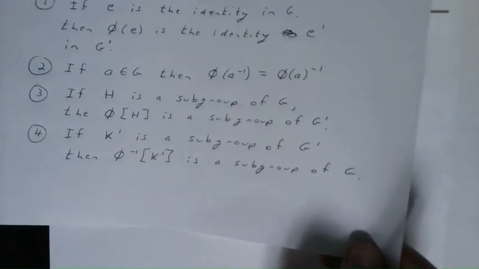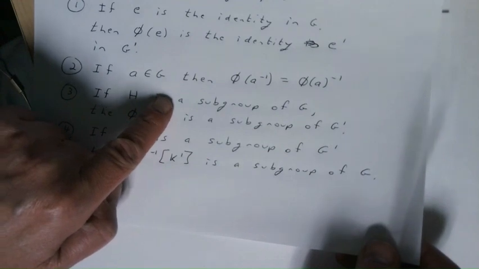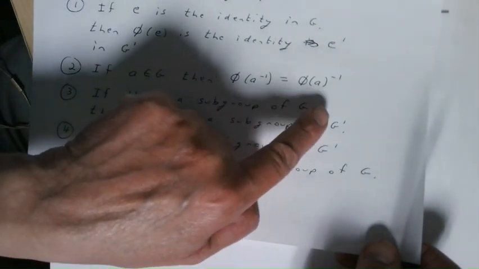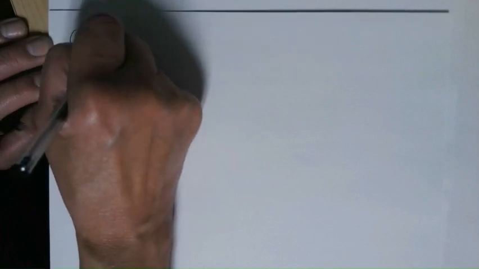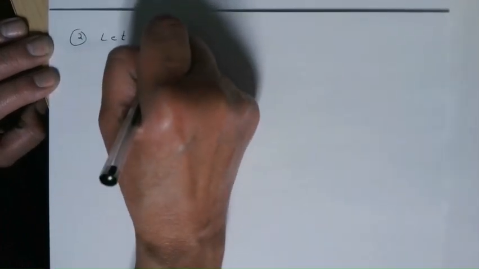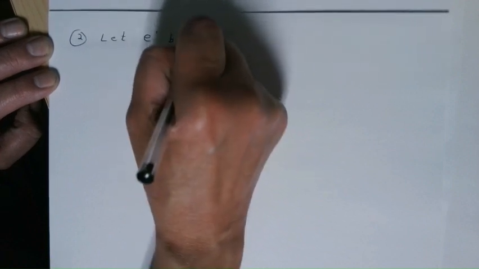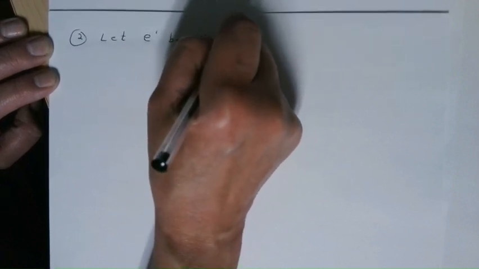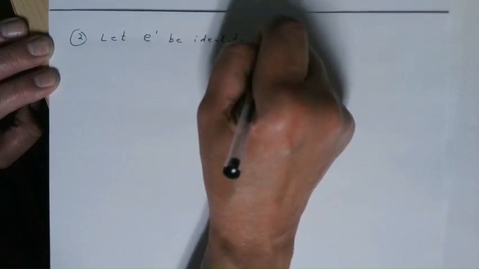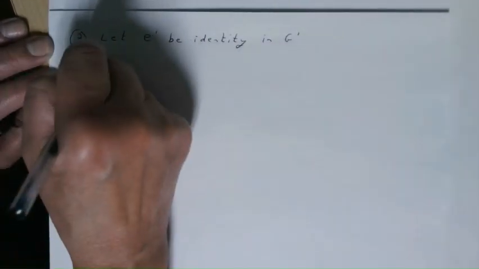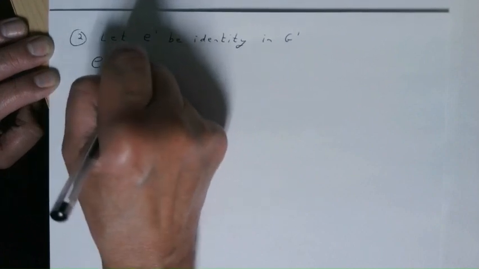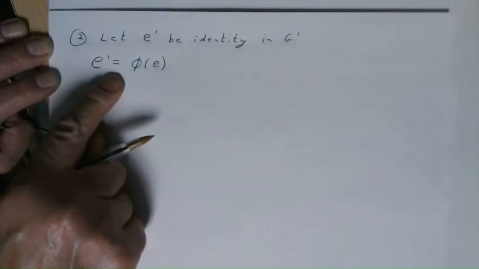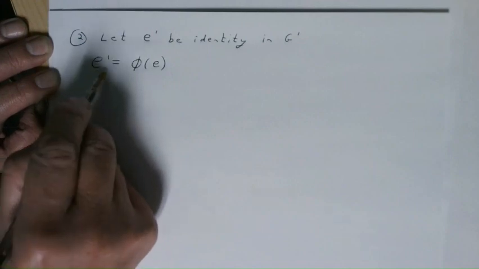So let's try to prove the next one. If A is in G, then phi of A inverse is equal to phi A inverse. So let's take a look at that. Let E prime be the identity in G prime. And we have E prime is equal to phi of E. Now we got that one from part 1. Remember, we just proved that a minute ago.